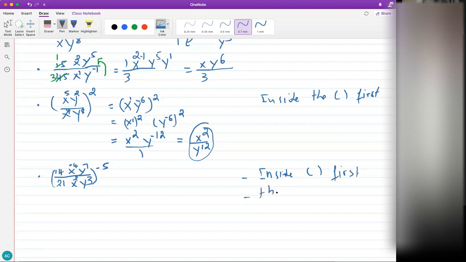Okay, and then after that, we're going to deal with the negative 5, the power. These are the main steps, okay? This is what you need to remember, not every single detail, just the guidelines here. And inside of this, once you look inside the parentheses, you'll notice what you need to do.